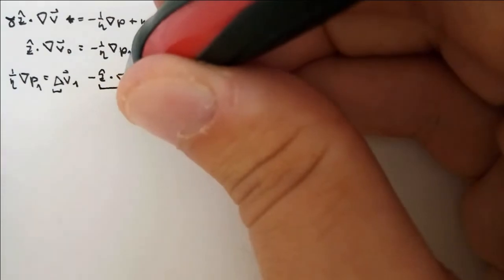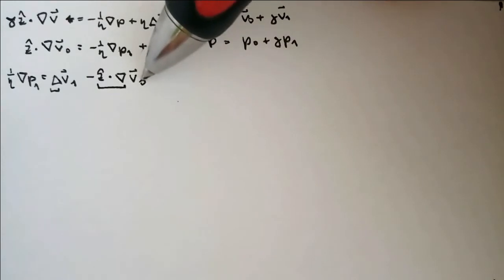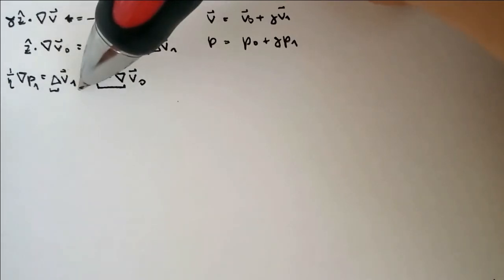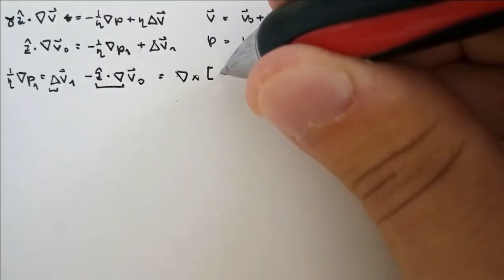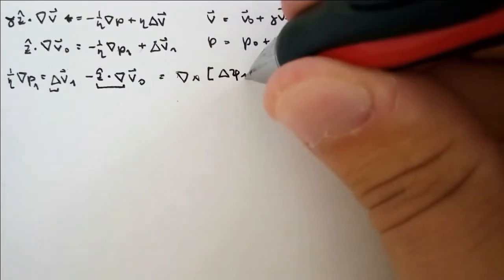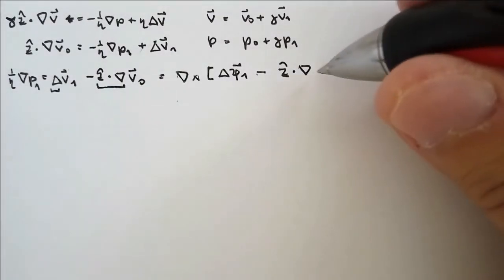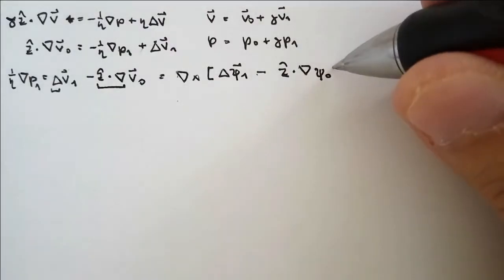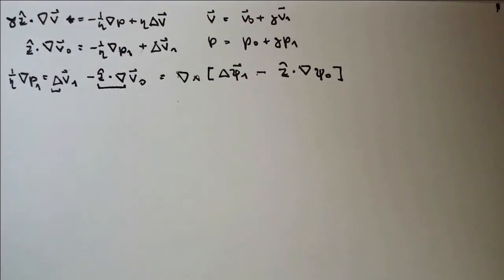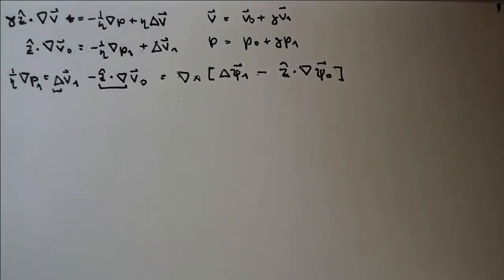So again, this is a scalar operator, and this is also scalar, so you can change it with the curl operator, because v0 by definition is curl of psi 0 and v1 is by definition curl of psi 1. So this is going to be curl of the Laplacian of psi 1 minus z dot gradient of psi 0, a vector field. This is very easy to justify.